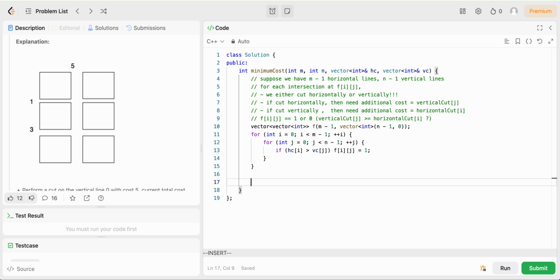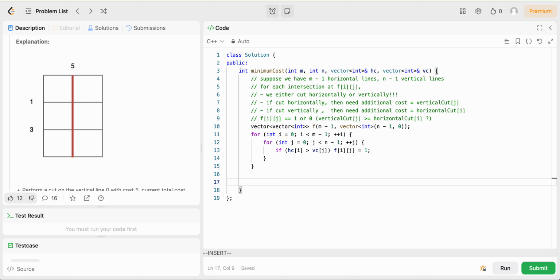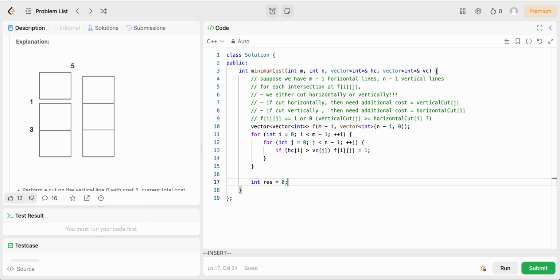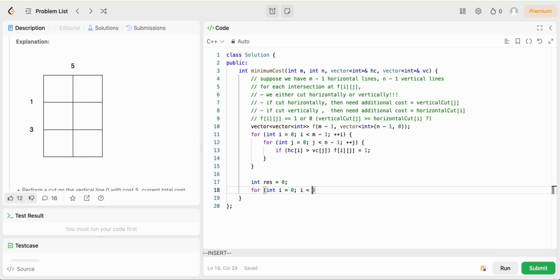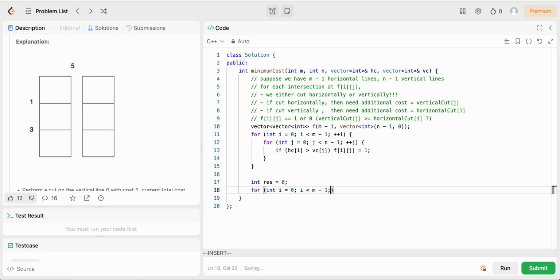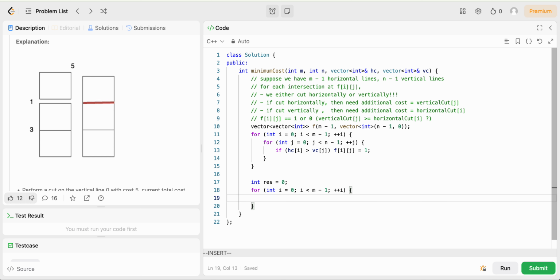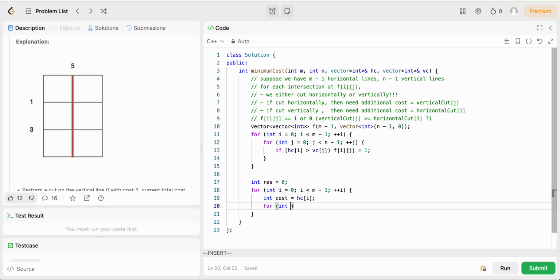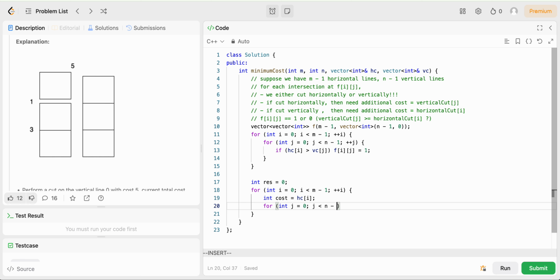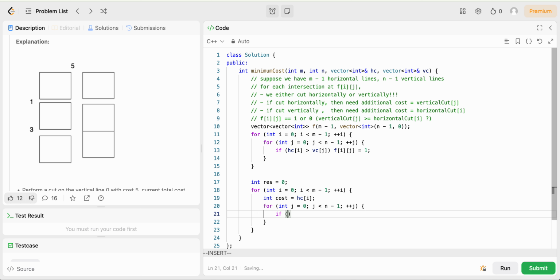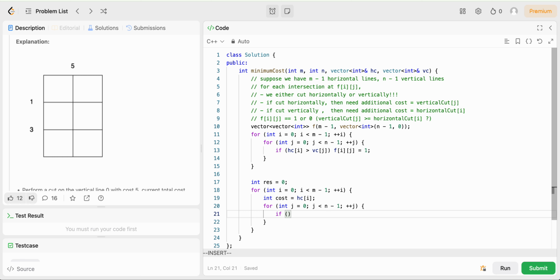Now we can calculate the cost. This is the final return value. We first loop over all the horizontal lines, i from 1 to less than n minus 1 plus i. Then the initial cost will be this horizontal line cost. Then we loop over all the j positions.